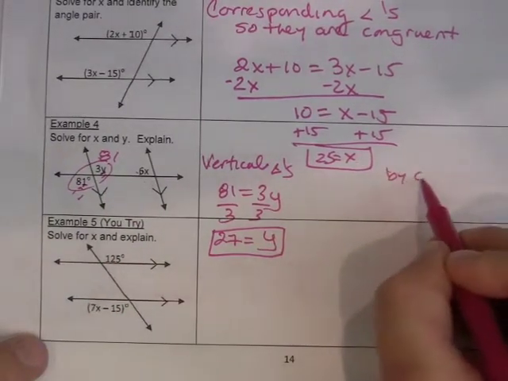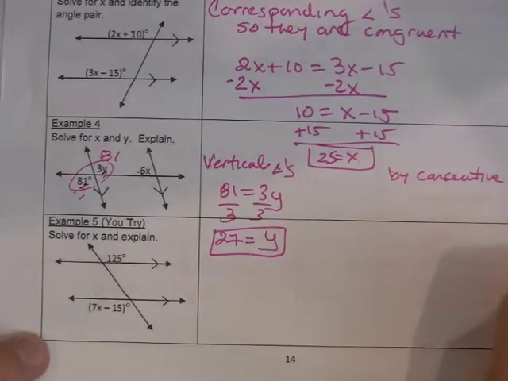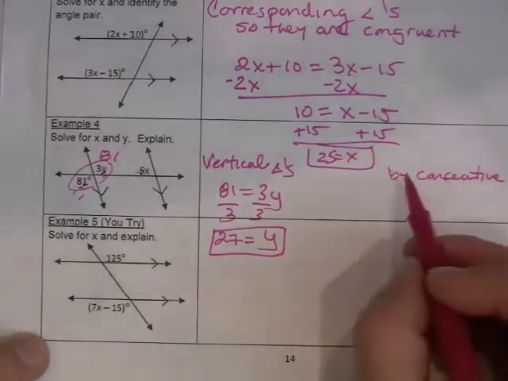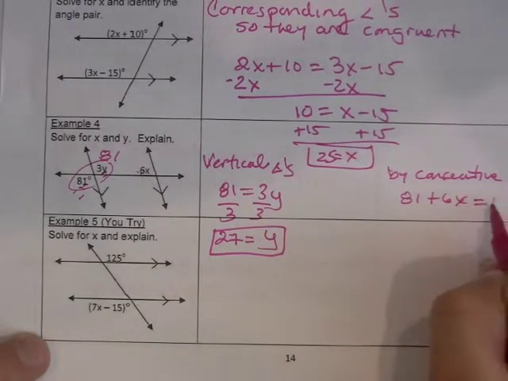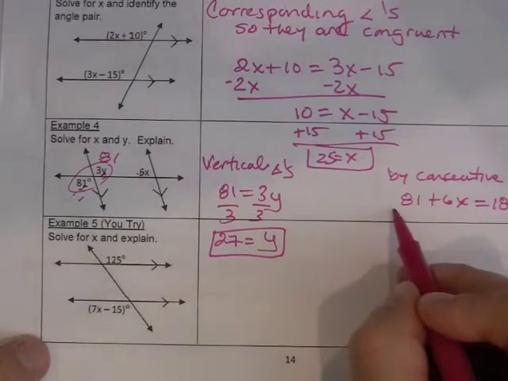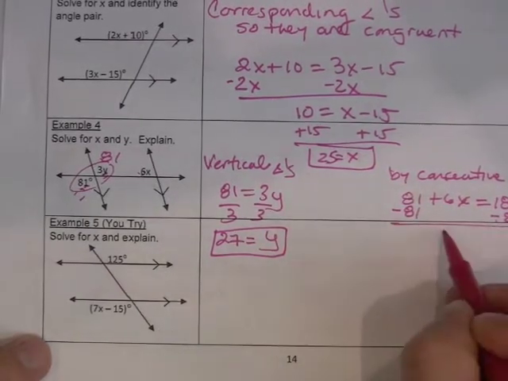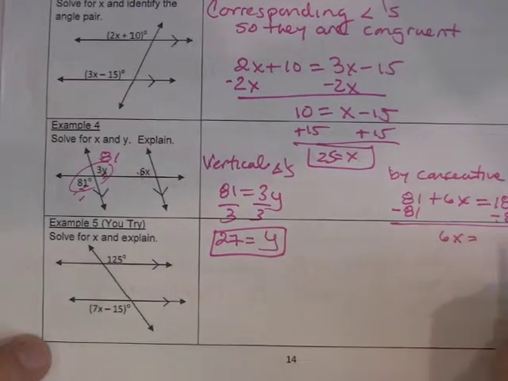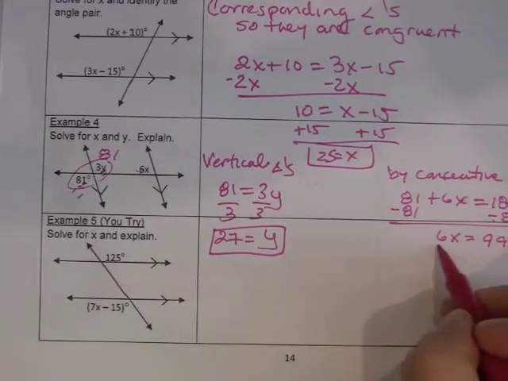So by the consecutive interior, I know they add up to 180, so it's 81 plus 6x equals 180. So I can minus 81 on both sides. So 6x equals 99. And then divide by 6.